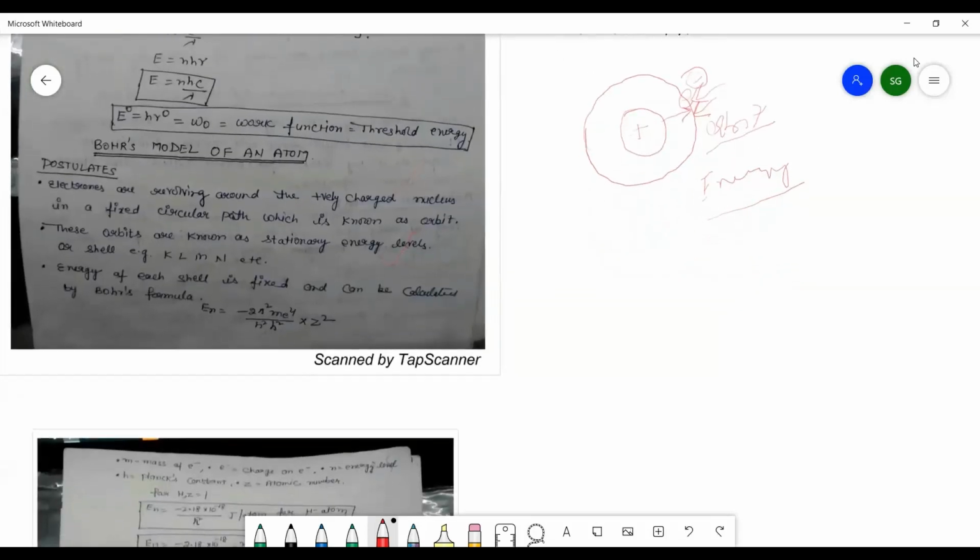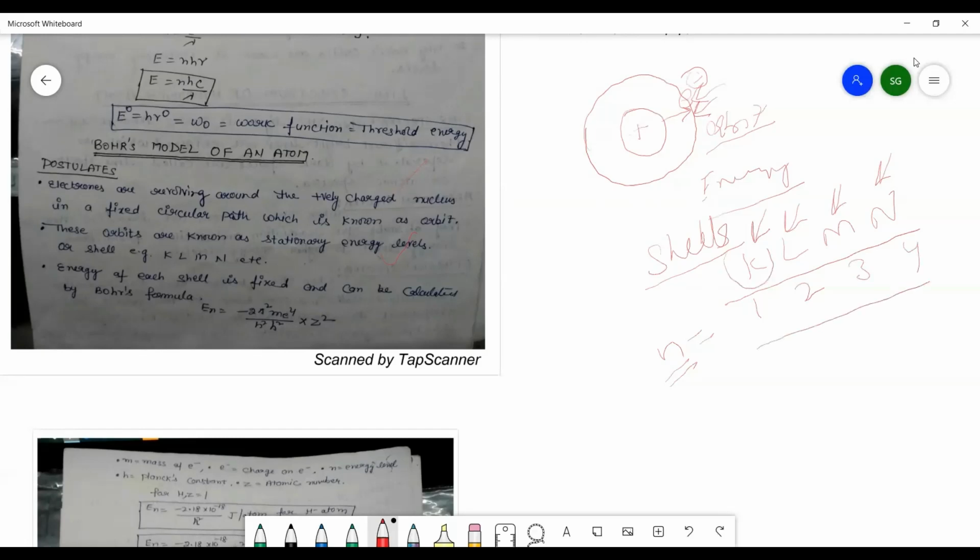Now, in junior classes you have learned about the shells in which the electrons are revolving. These are K, L, M, N. In this manner we have seen that electrons move in the K shell, L shell, M shell, and N shell. Here we are calling them energy levels, which are denoted by the symbol n, where n equals 1, 2, 3, and 4.